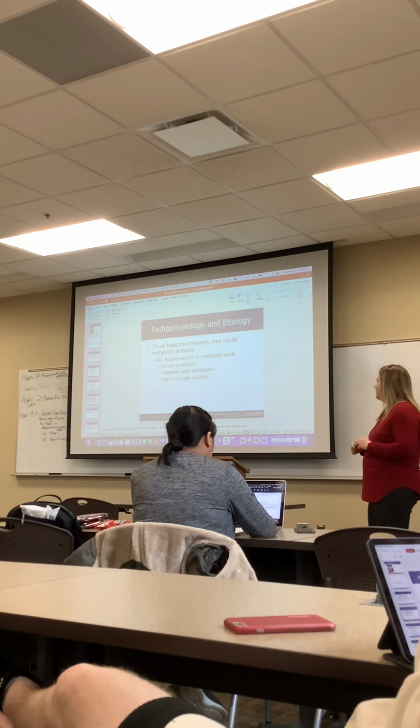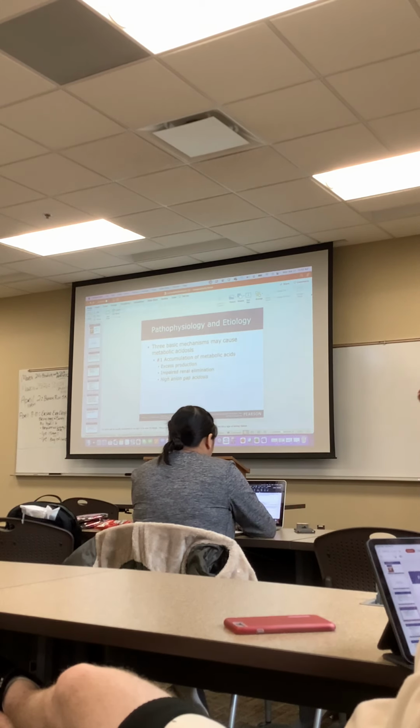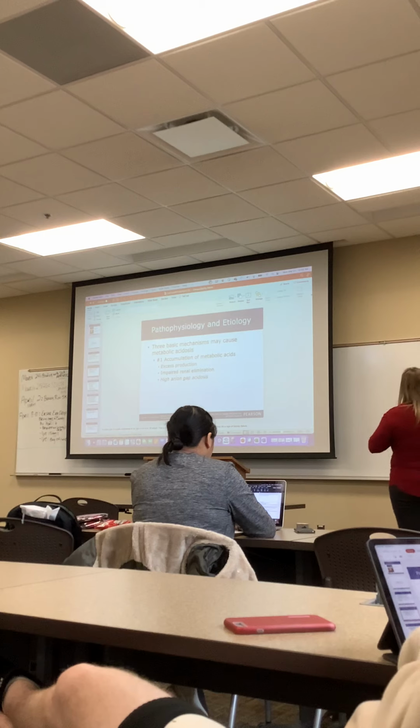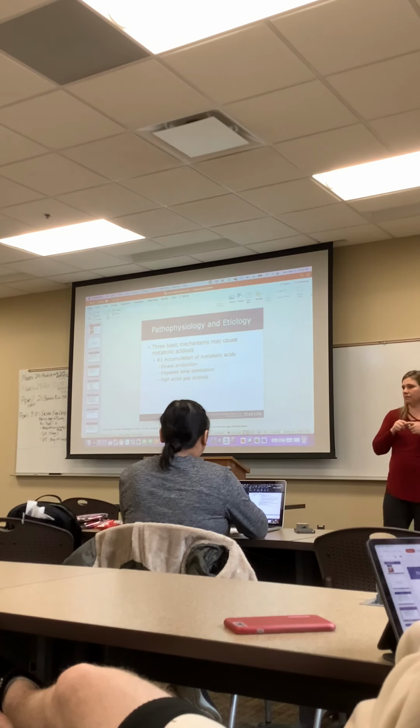So then it says a high anion gap acidosis. On your CMP, or your basic metabolic panel, or the complete metabolic panel, there is a lab on there that says anion gap. I'm not sure if you've ever seen it before, but anion gap, you don't have to know the normal, but a high anion gap typically means you have a lot of acid in the body.